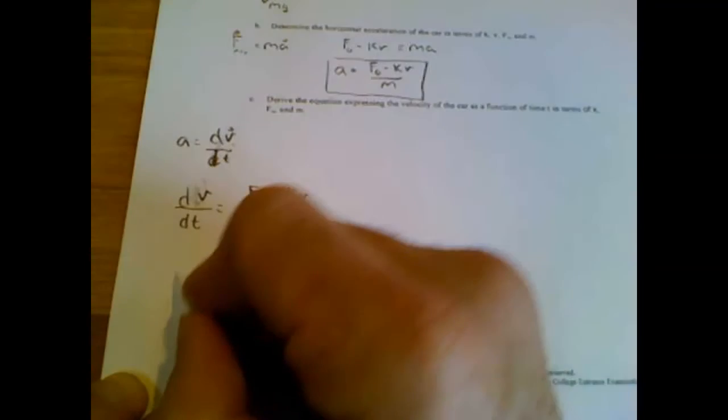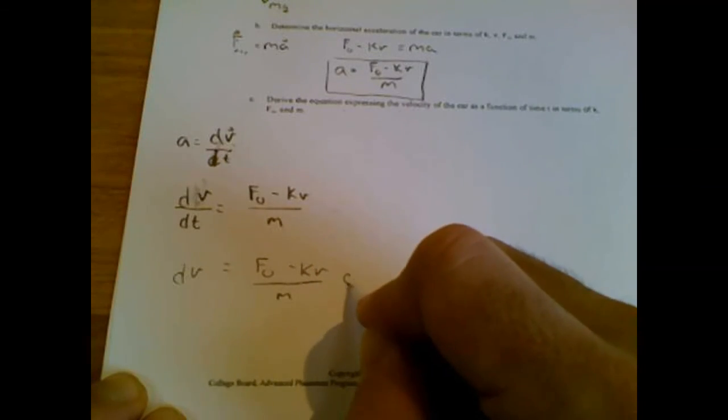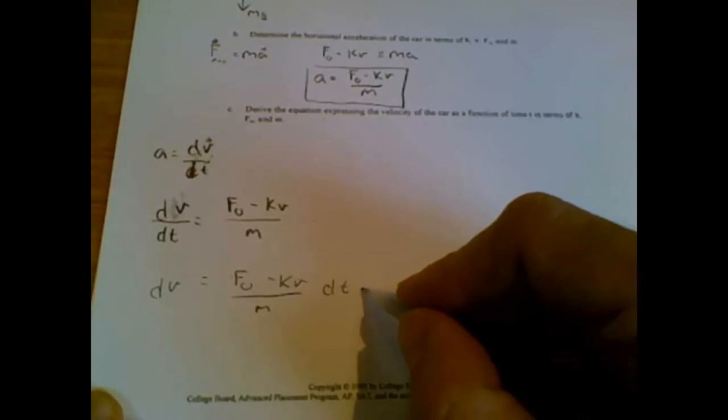So here, the first thing I'm going to do is separate terms. I'm going to say dv is equal to F naught minus kv over m dt. And now I want these v's over here, and those things have to come together.